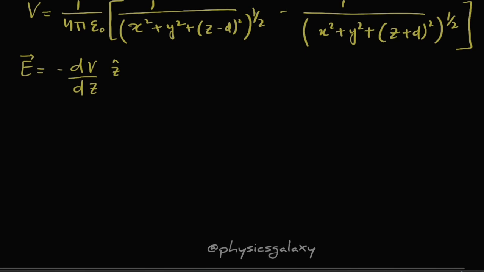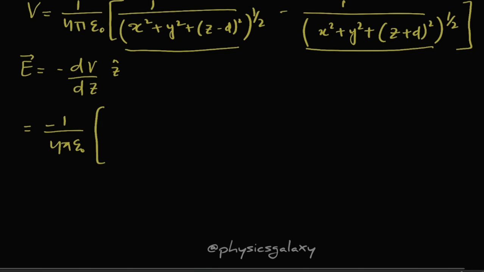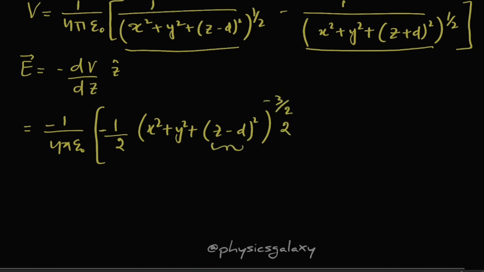Right. So I have minus 1 by 4 pi epsilon naught, and then I have to take the derivative of this term and the derivative of this term. If you do this, it will come out to be minus 1 by 2, x square plus y square plus z minus d whole square to the power minus 3 by 2, then the differentiation of this comes out to be 2 times z minus d.